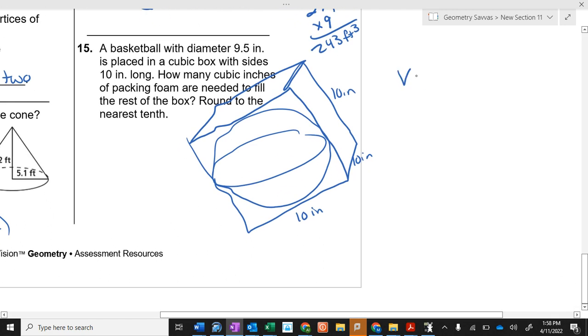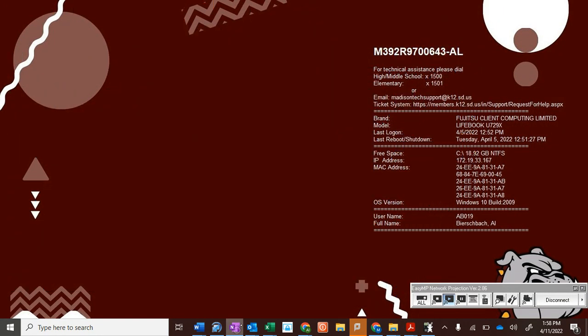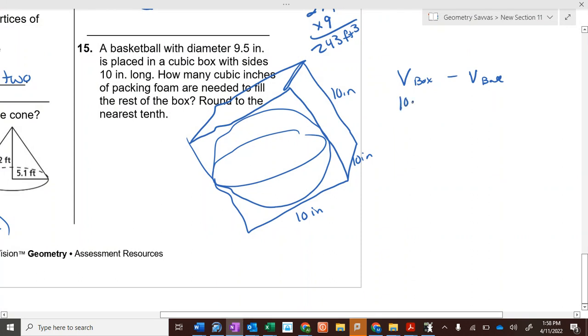Well, the volume of the box minus the volume of the ball equals what we want. Okay, the volume basically is dead air space. The volume of the box is 10 by 10 by 10, or 1,000. The volume of the ball is 4/3 pi r cubed. What's my radius of this? 4.75 cubed.